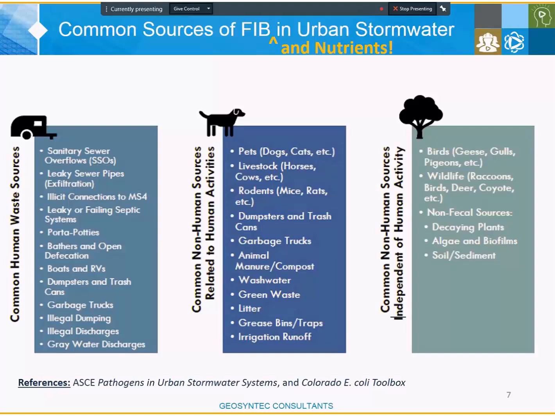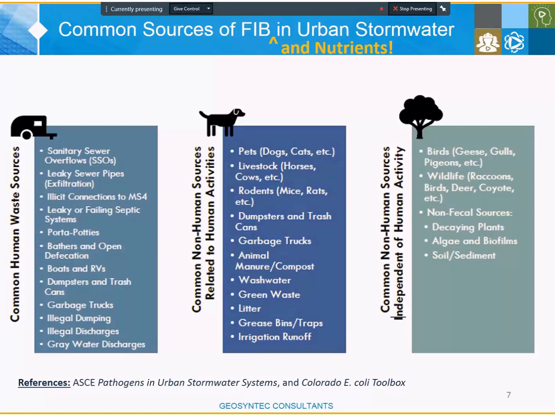And then things that are low controllability, low risk, and that is the non-human sources that are independent of human activity. Those include, besides wildlife and birds, the large amount of environmental sources of fecal indicator bacteria, which may constitute the majority of fecal indicator bacteria loading in watersheds in wet weather.